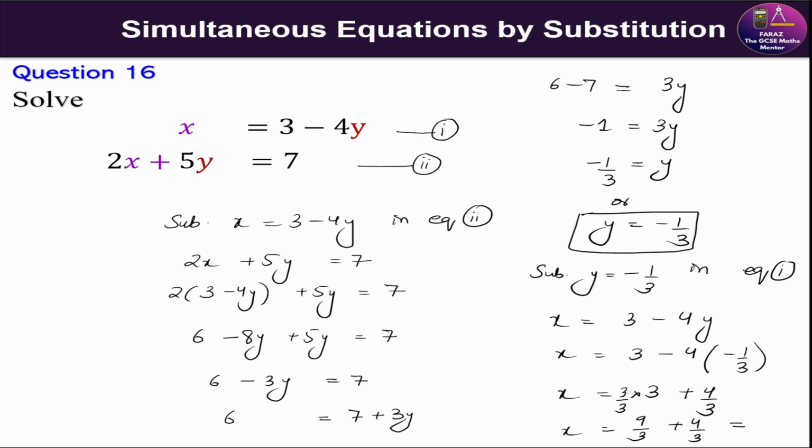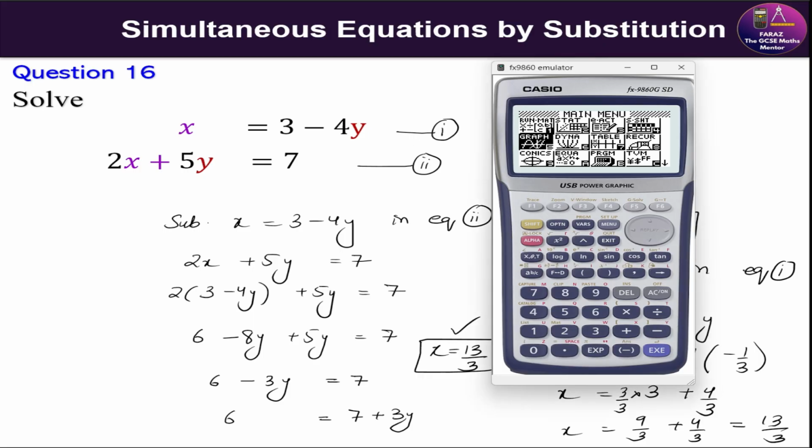So that would become 9 plus 4, that is 13 over 3. So the value of x is 13 over 3. X is 13 over 3 and y is negative 1 over 3.